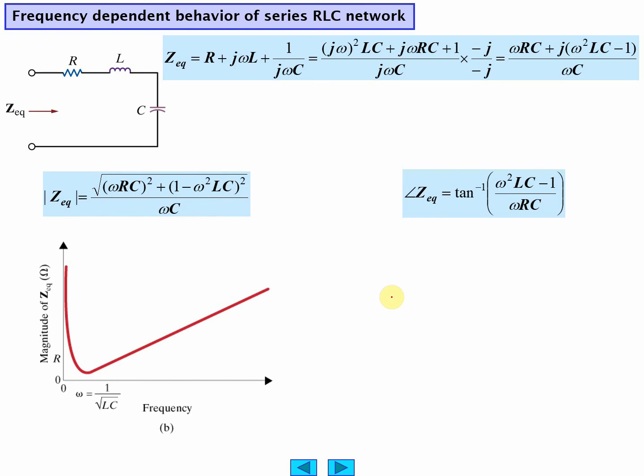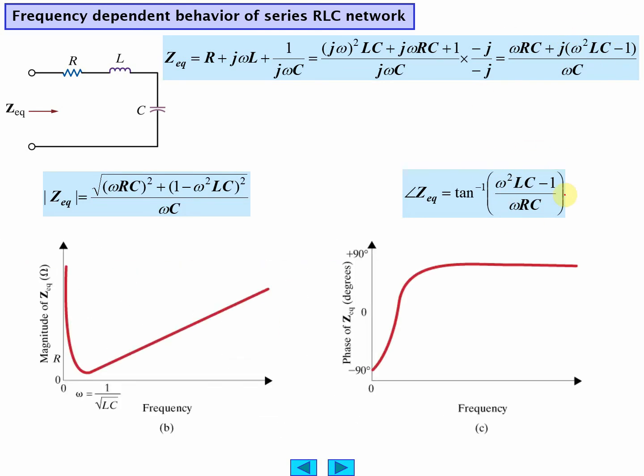The angle is just going to be the arctangent of the ratio of the imaginary to the real part, and is given like this. At first, it's purely capacitive. The inductor acts like a resistance of 0. Then as you go up in frequency, the capacitor impedance drops and the inductor impedance starts taking over. So it switches over to inductance.